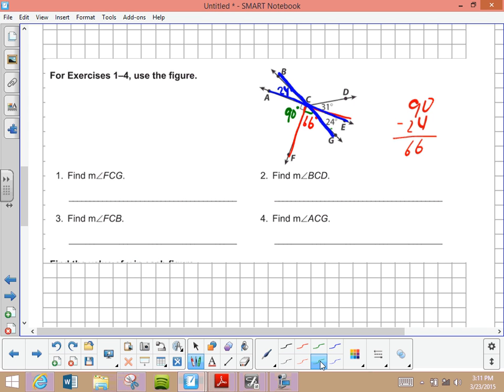Give me points. ACE, right? This whole line equals 180. So if the whole line equals 180, all the angles in there should add up to 180. So you add 24 and 31, and you get 55. You take that away from 180, and you get 125. So this should be 125.